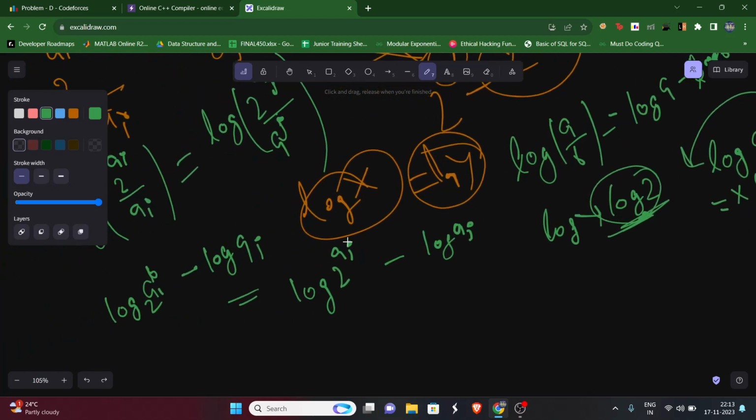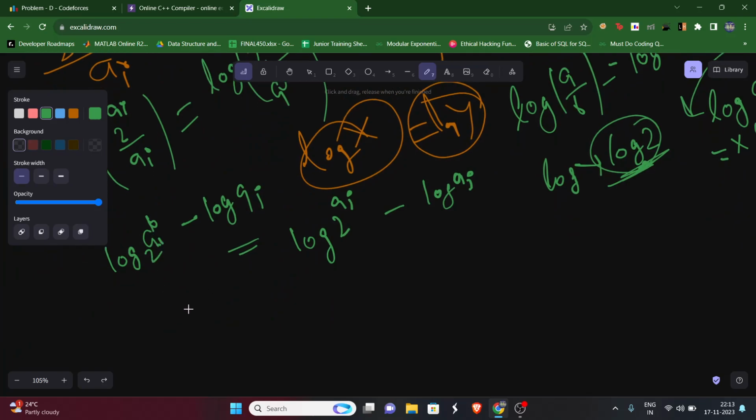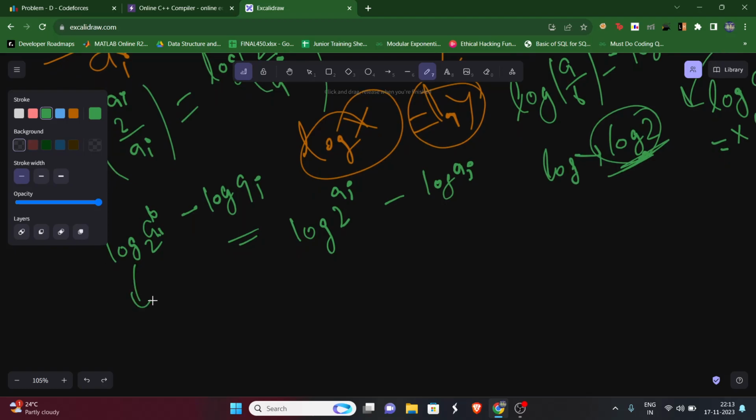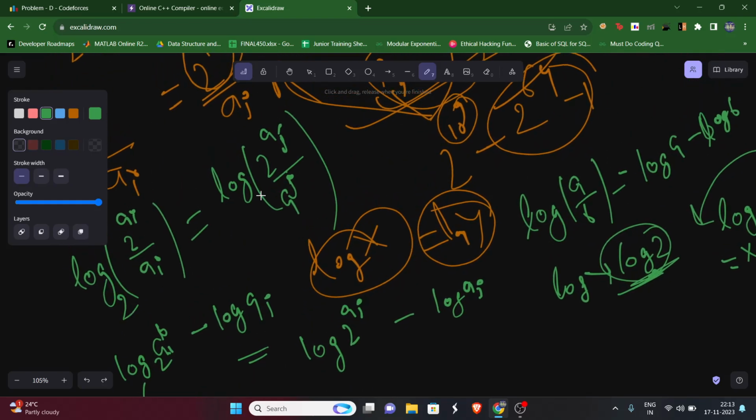So if we take log base 2, the left hand side will become a of i in the front, then log 2 base 2, minus again the other term. Wherever we were taking the log, we would have taken it with log base 2.